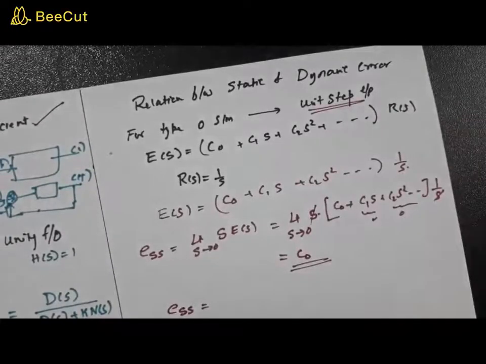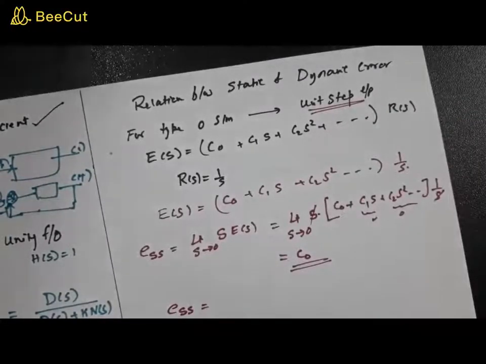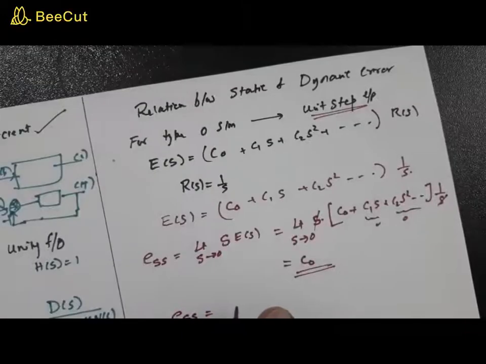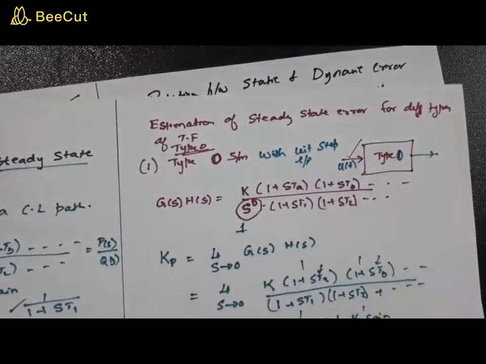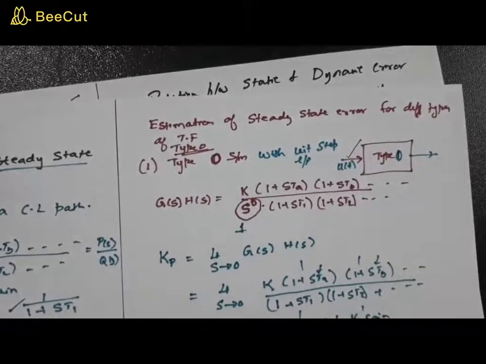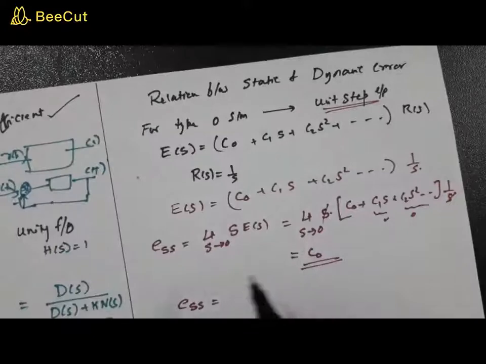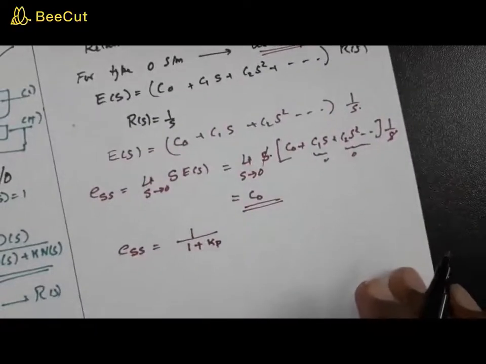Now we have just seen that for a type 0 system with a unit step input, ESS is found to be 1 by 1 plus Kp, where Kp is the positional error coefficient.